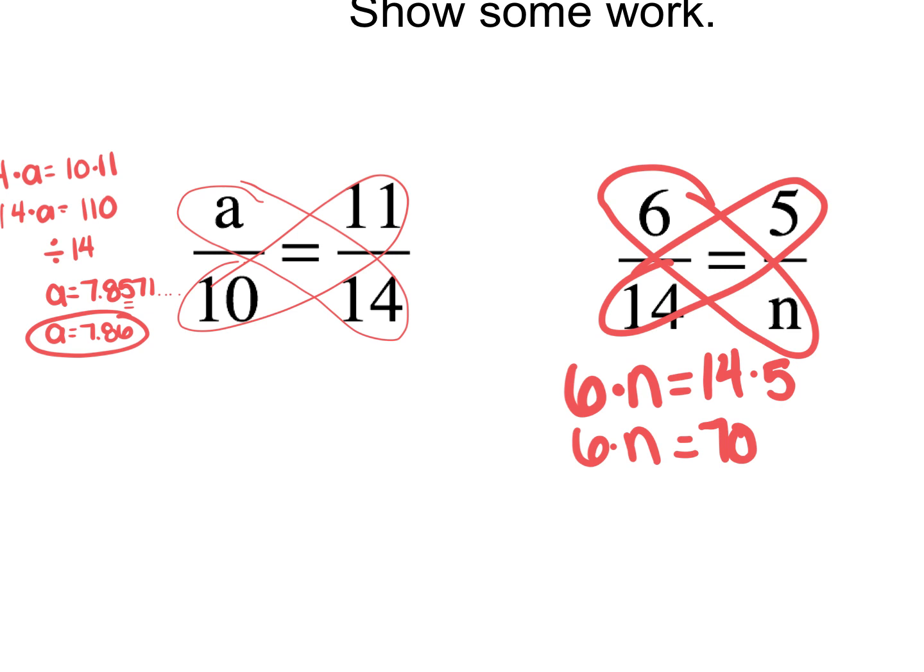And then what's our last step? Instead of multiplying 6 by something and doing guess and check, which is going to take you forever because it's another decimal answer, what's the faster way to solve that? Look back at your last step from before. When we had 14 times a equals 110, what did we do? And do the same thing over here.